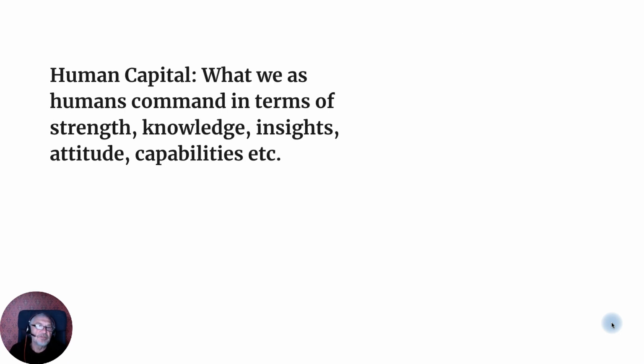Finally, we have human capital, and this is what we humans command. For example, in terms of our strength, our knowledge, our insights, our attitudes, our capabilities, our values, everything.